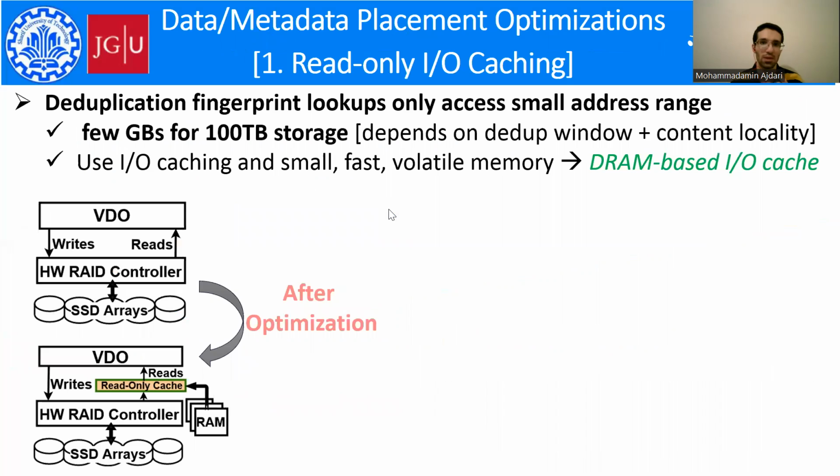Our first software stack optimization focuses on block fingerprint lookups in duplicate detection. These fingerprints require physical space, which is a few gigabytes for 100 terabyte storage capacity. Thus, we propose a fast read-only I/O caching below VDO to service fingerprint lookups from fast DRAM instead of SSDs.